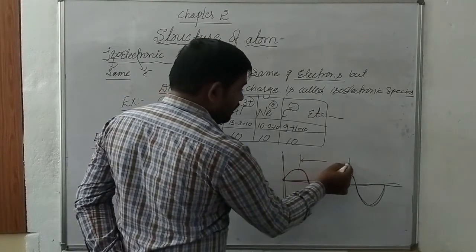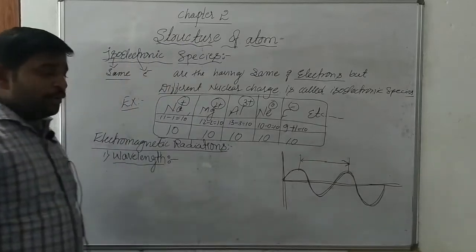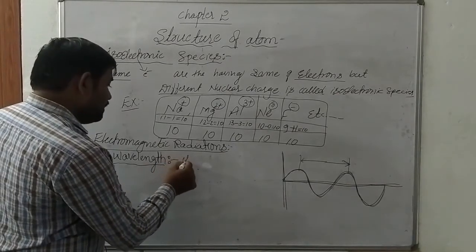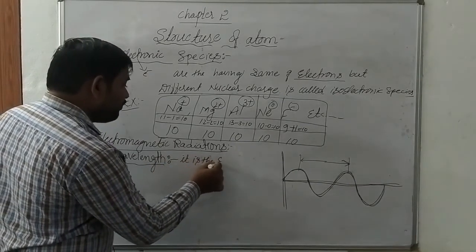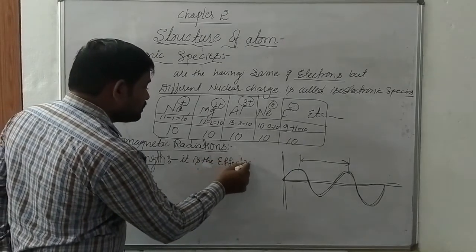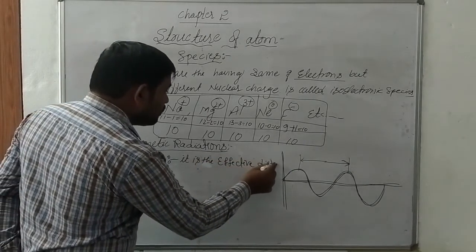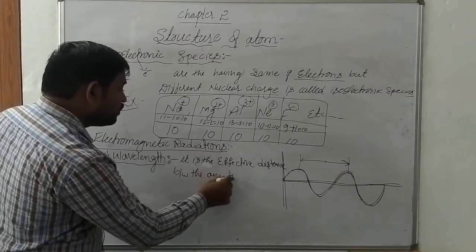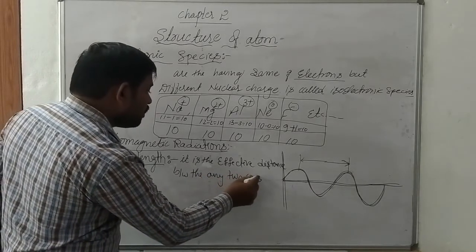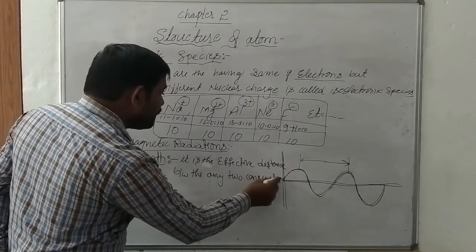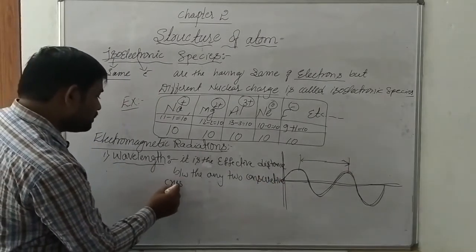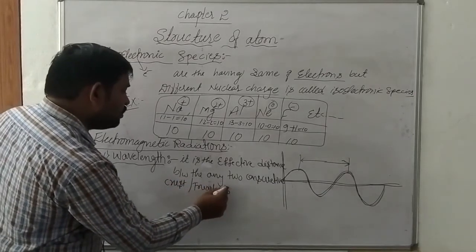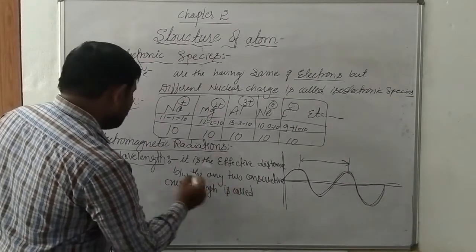The effective distance between any two consecutive crests or troughs is called wavelength.